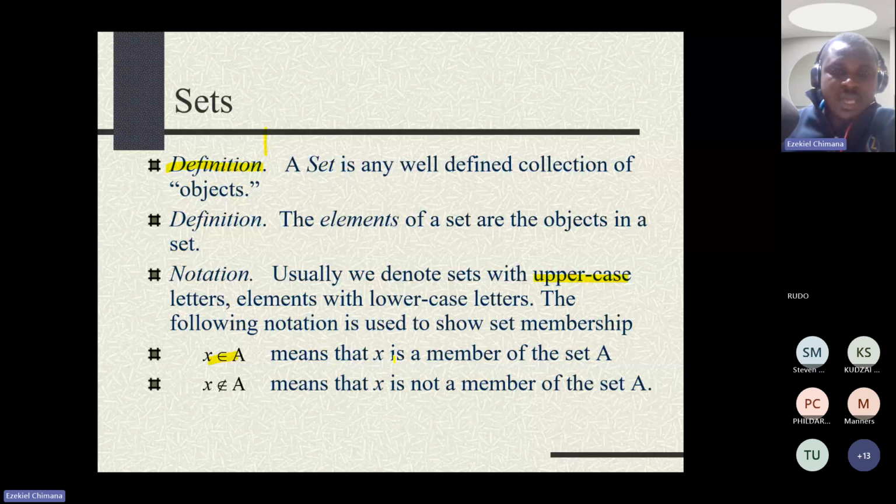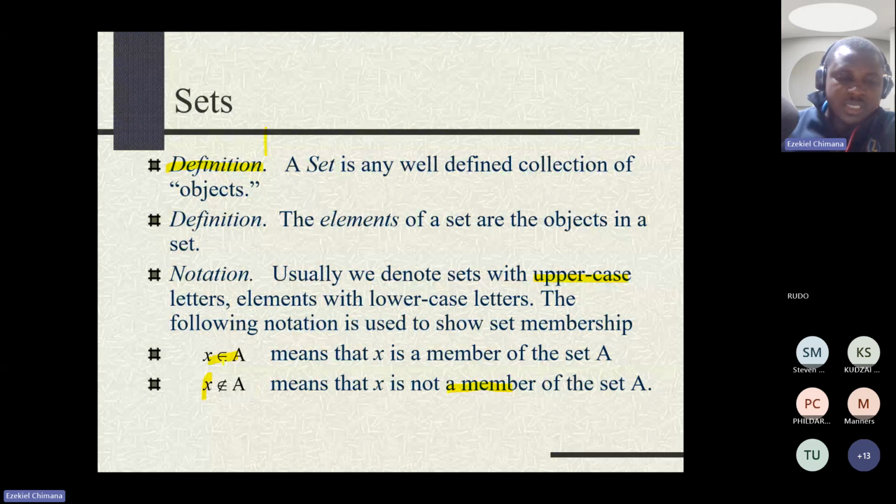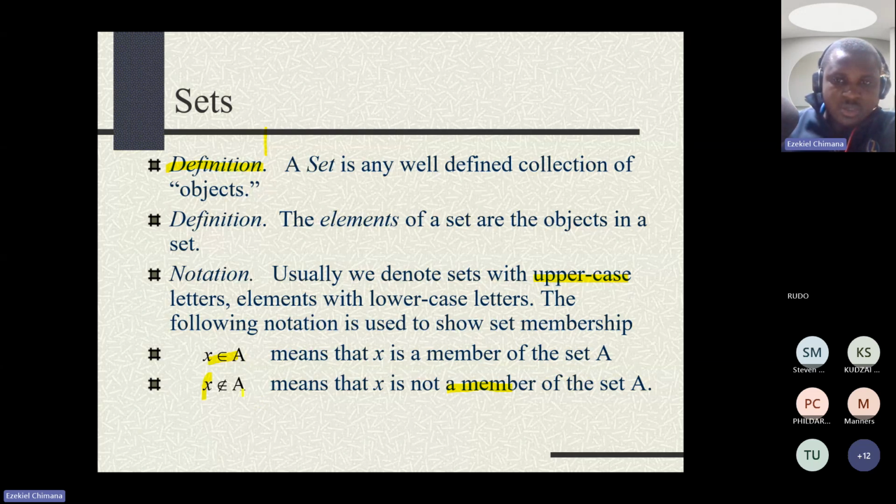This means that x is a member of the set A, and here x is not a member of set A. We can use member or element, it's just the same. This is the membership relationship, and you use this symbol for that.